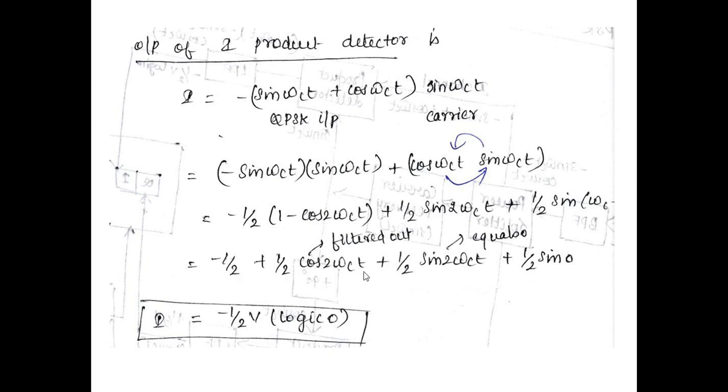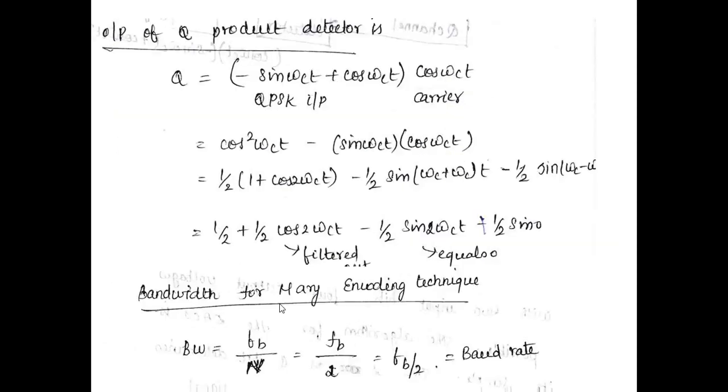Then we get this equation, and this is filtered out with the low pass filter, which is used because it's dedicated to omega ct, and sine 2 omega ct is 0, so we get minus half of a volt, where the minus represents logic 0.